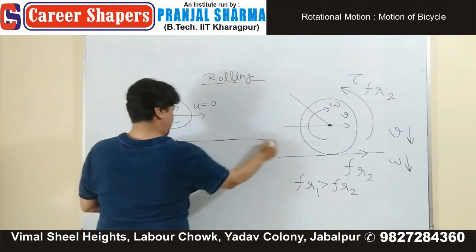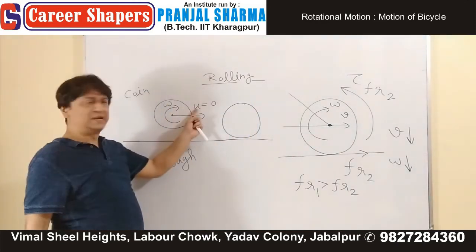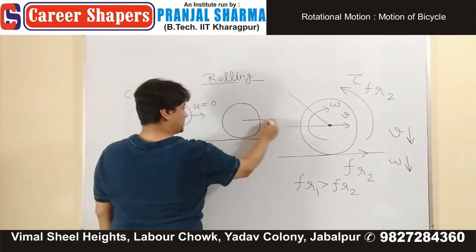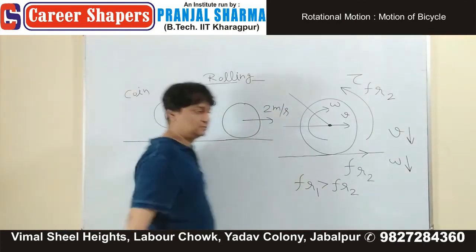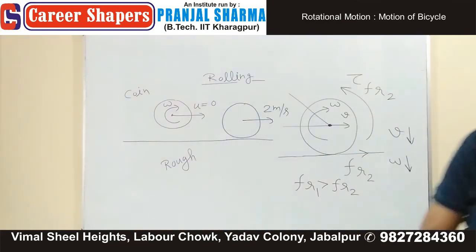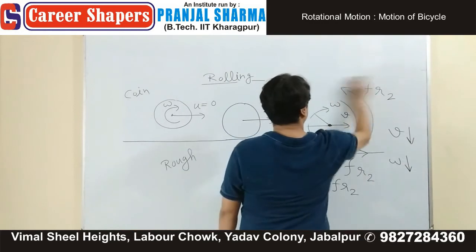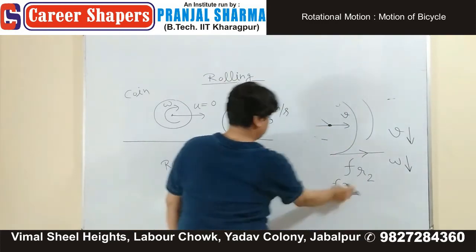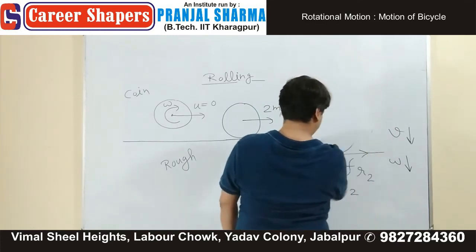So the moment you place it, it has no initial speed. You put it on the ground. Let's say it gained a speed of 2 meters per second. I've taken some values so that it will be numerically easy for you to understand.